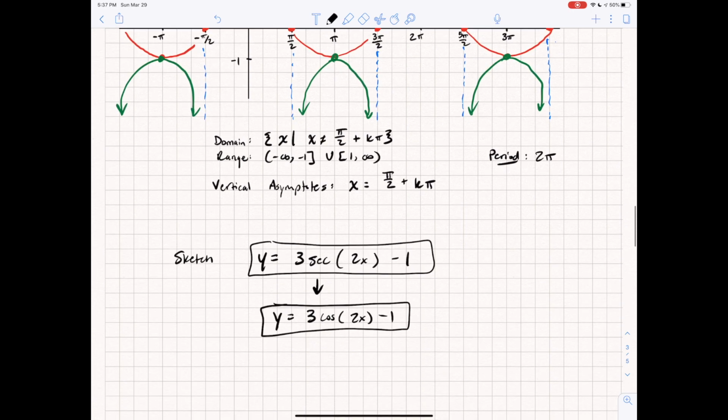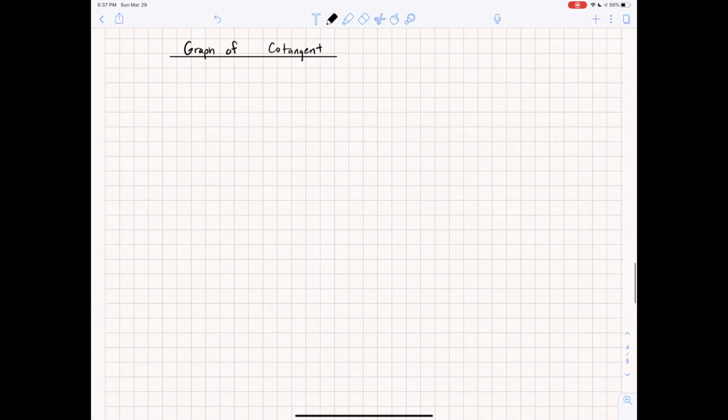The last one I'm going to show you in Desmos, which is the graph of cotangent. And then I want to highlight specifically its domain and range, its vertical asymptote, like the formula for the vertical asymptotes, and its period.